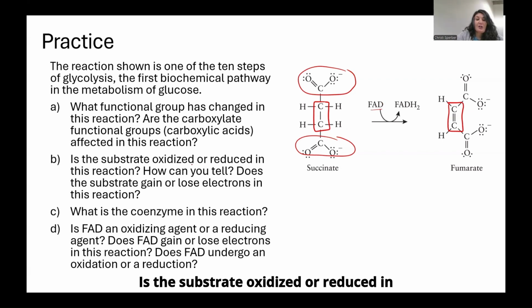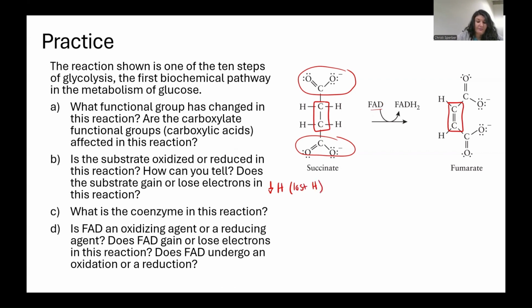Is the substrate oxidized or reduced in this reaction? So we go from a carbon-carbon single bond bonded to 4 hydrogens to a carbon-carbon double bond bonded to 2 hydrogens. It decreased in hydrogens, so it lost hydrogens, and therefore lost electrons.